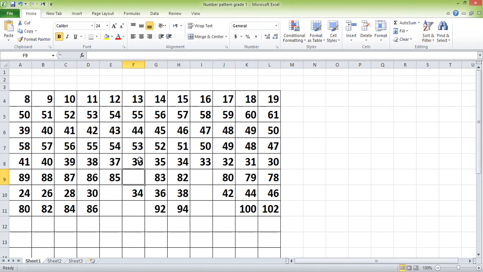We are subtracting. Subtracting how much? 1, 2, 3. 1. We are subtracting 1. That's why we know it. That's very good, guys. I'll see the messages.